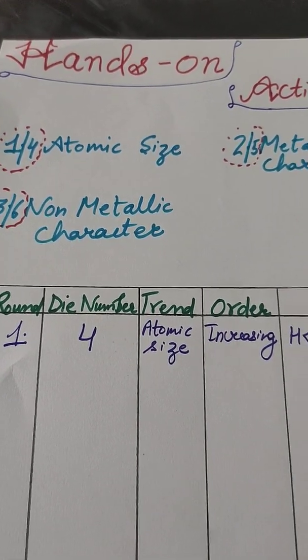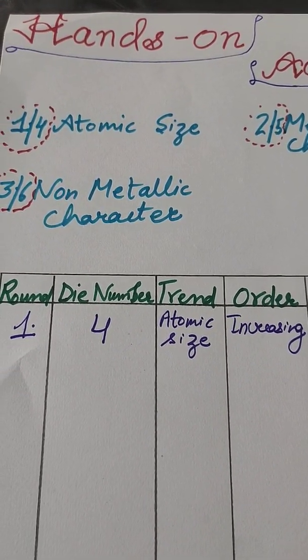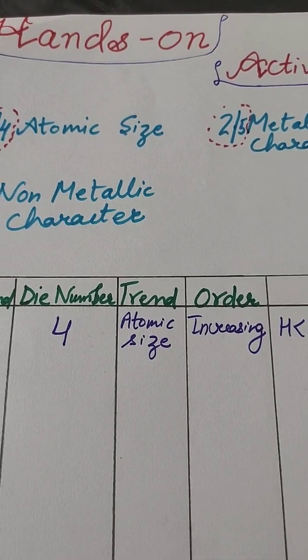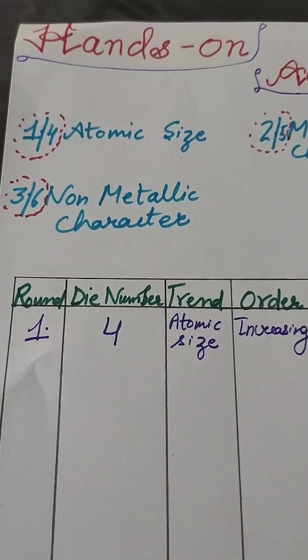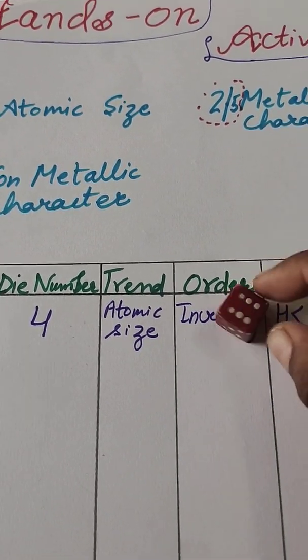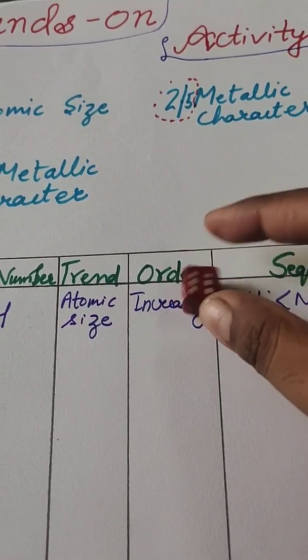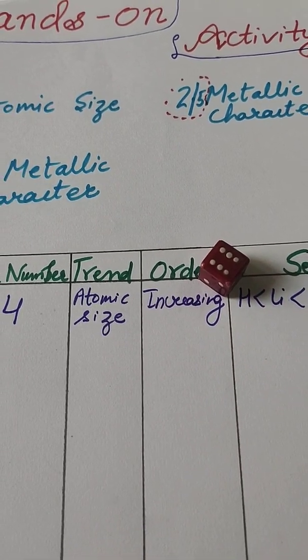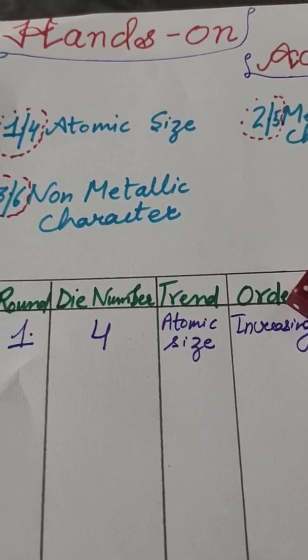At last, I have brought an activity for you, a hands-on activity for recapitulation of these trends. See, you have all seen this dice, correct? It contains numbers from 1 to 6. So with the help of this dice, I am going to play this activity.